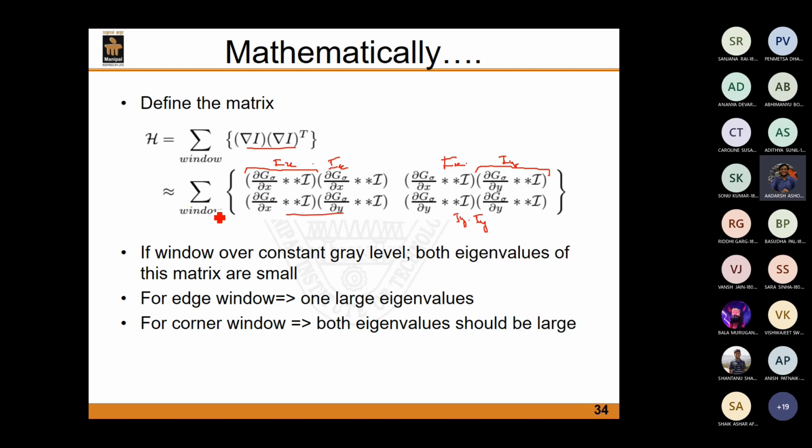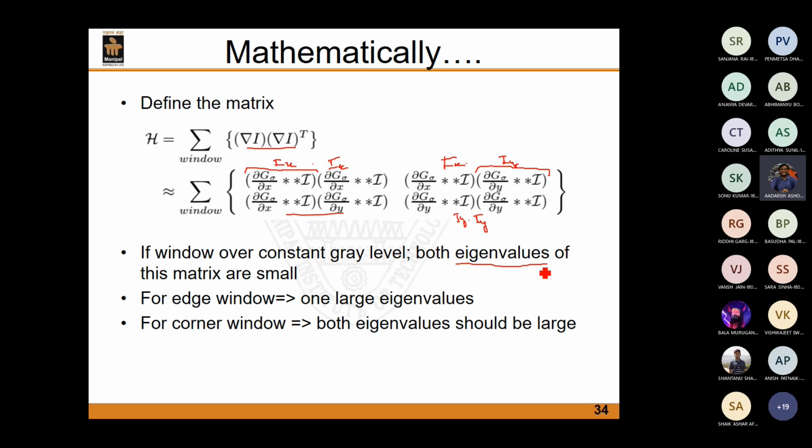Once you have this matrix, you can compute the eigenvalues, and by looking at how small or big the eigenvalues of the matrix are, you can say what kind of a region it is.